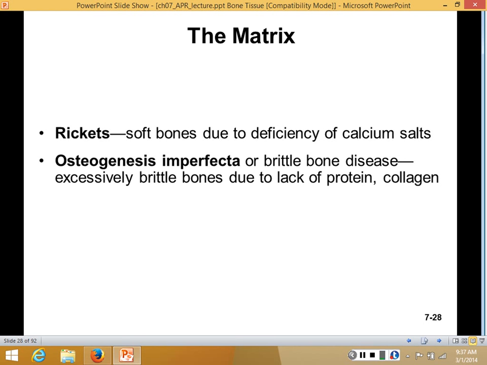So, permanently deformed. And we're going to talk about rickets again a little bit later when we get into homeostasis and talk about the different hormones that are involved in maintaining the calcium concentration in the blood. Rickets, of course, is due to a vitamin D deficiency.